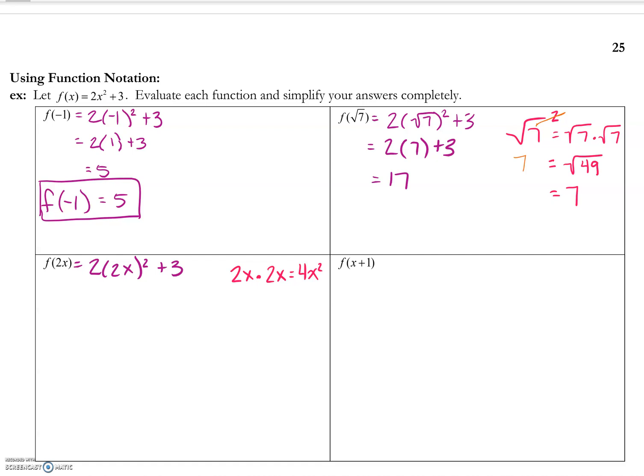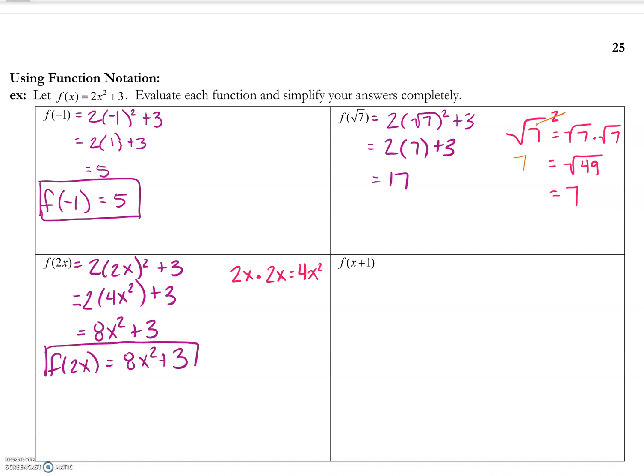So instead of 2x quantity squared, I really have 2 times 4x squared plus 3. 2 times 4x squared is 8x squared. And since those are not like terms, that's my final answer. So f of 2x equals 8x squared plus 3. Okay, and I should actually go back and fix this first one. f of square root of 7 equals 17.